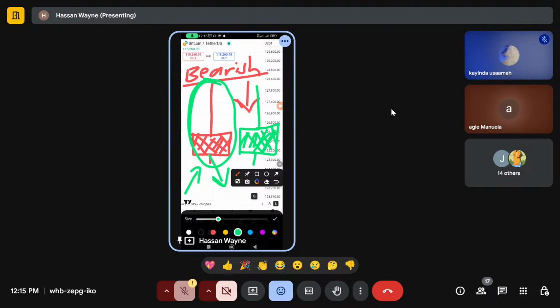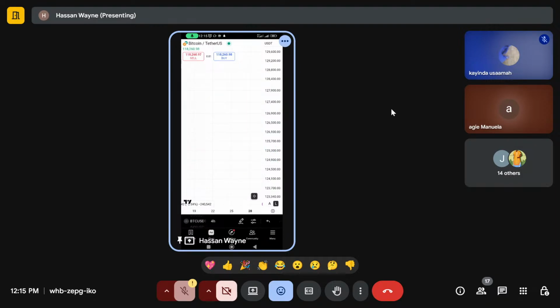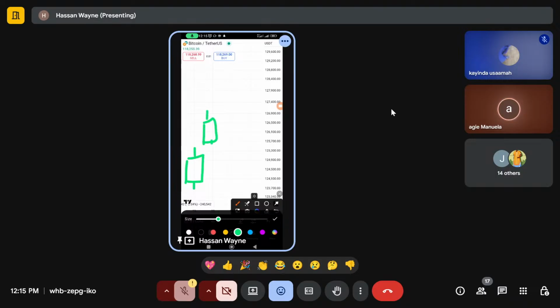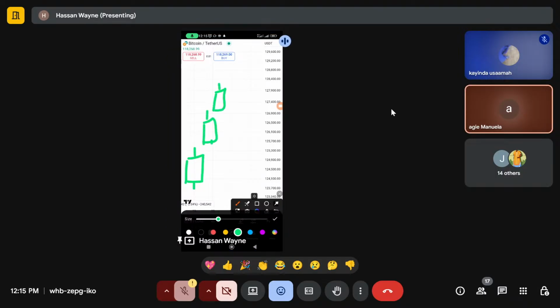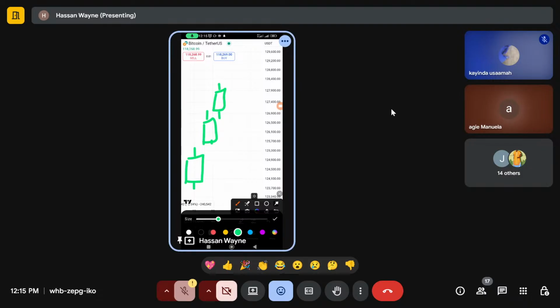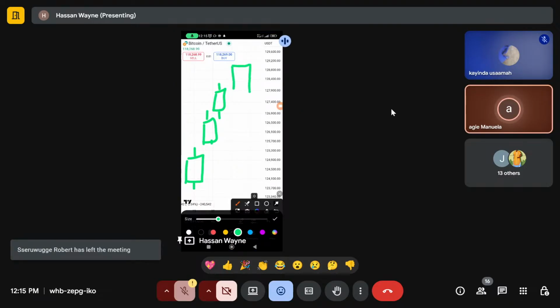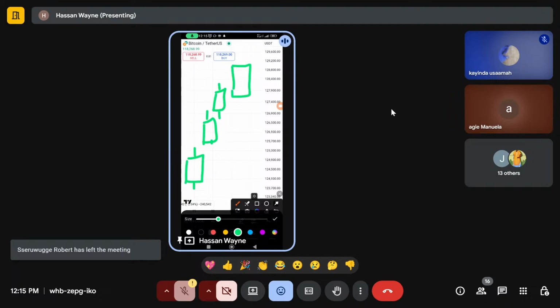So let us see, for example, we might have an uptrend here moving upwards. And when we reach the resistance, remember, sometimes this candle first becomes a green or bullish candle like that.